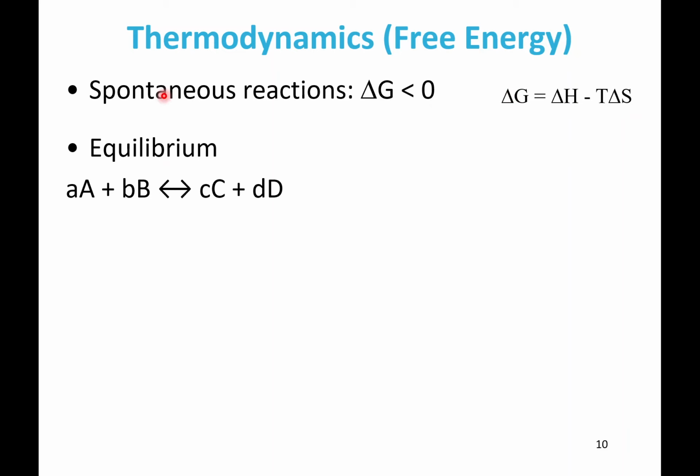Also, if we think about equilibrium, which hopefully is again a review from general chemistry, you can write a generic reaction: aA plus bB goes to cC plus dD. The lowercase letters are the stoichiometric factors in the reaction, and the double-headed arrow means this is at equilibrium.